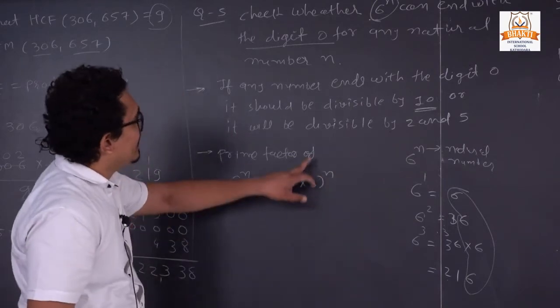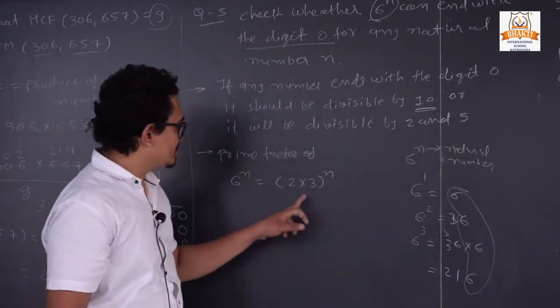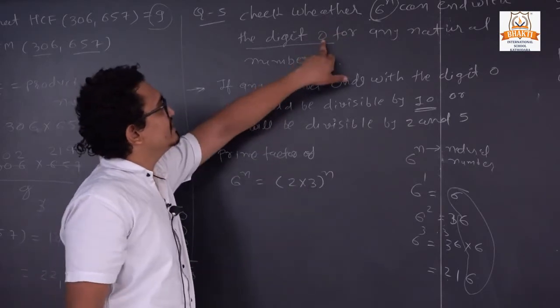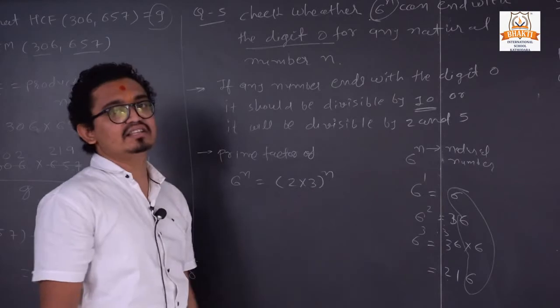But here the 5 is missing, because if we have a 5, then 5 2s are 10, and it ends with the 0. But here the 5 is missing.